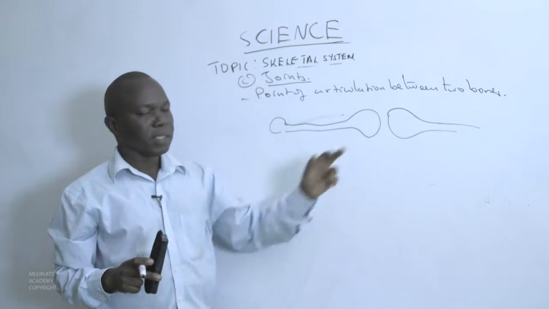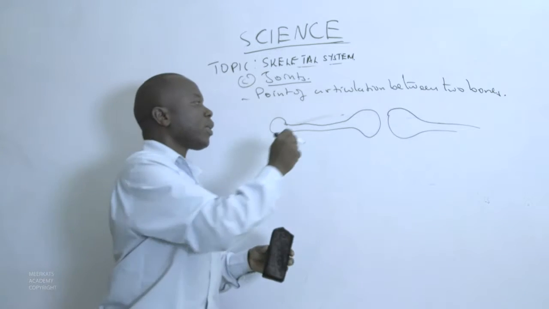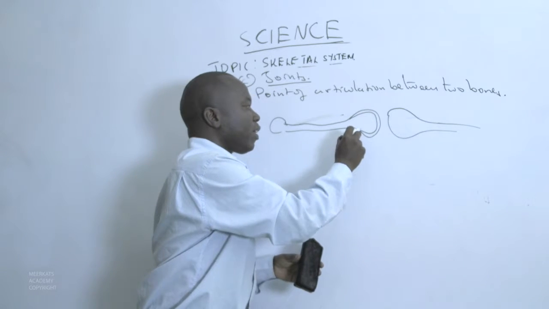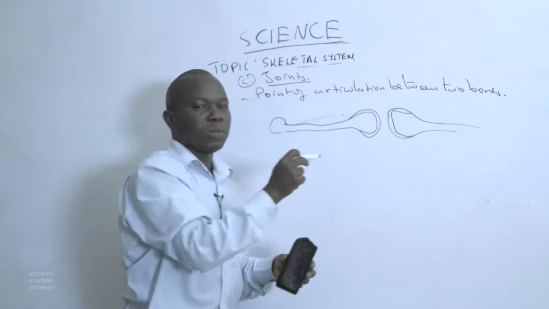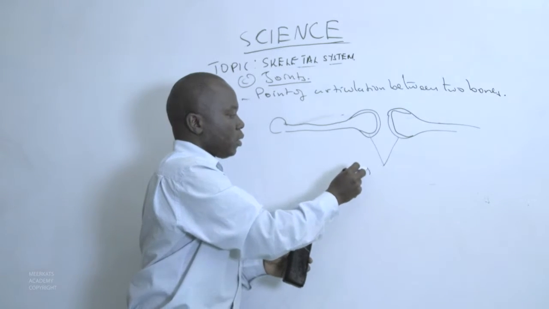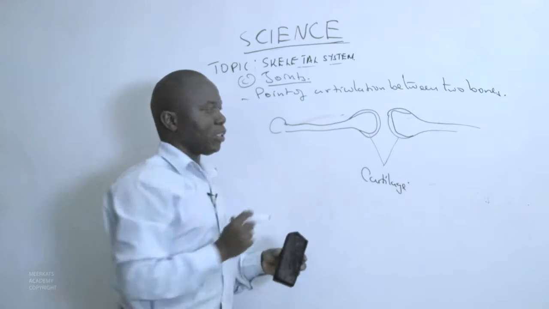If these two bones come together directly, there will be a problem. So what happens? The ends of these bones are covered by a slightly flexible tissue. That tissue is cartilage.